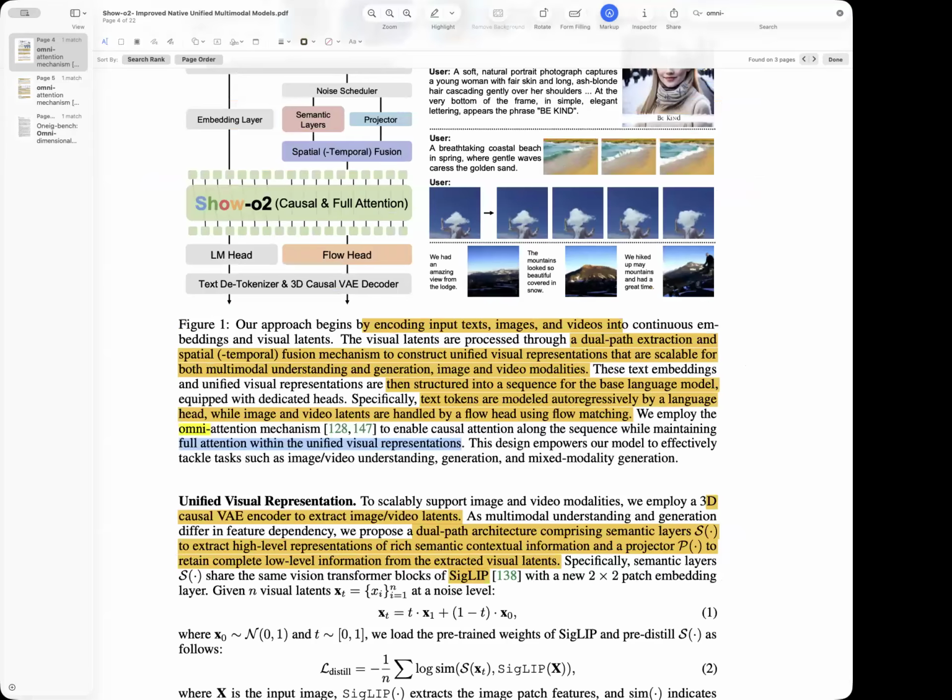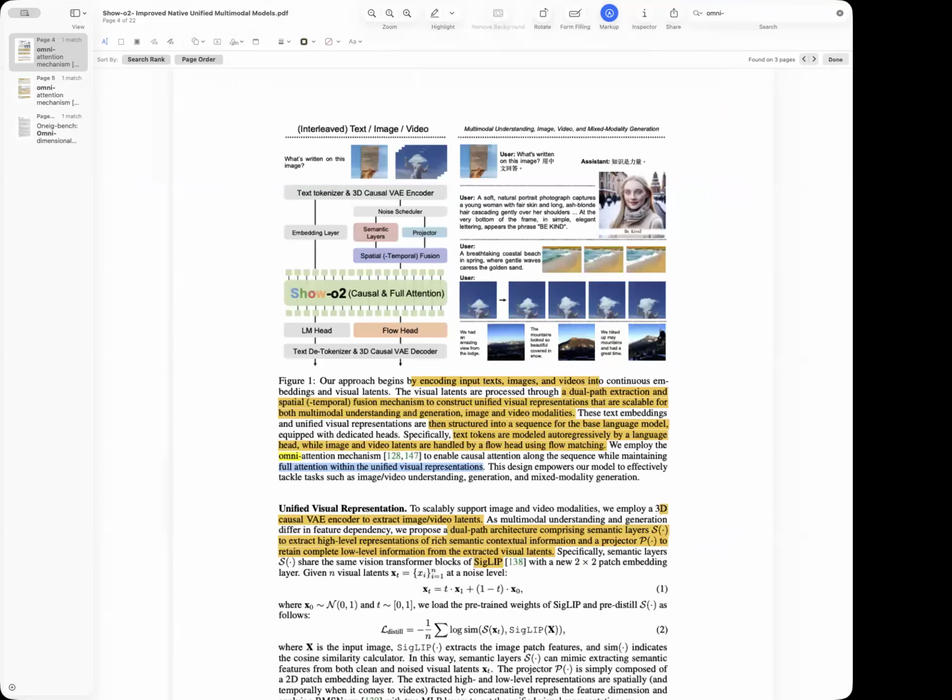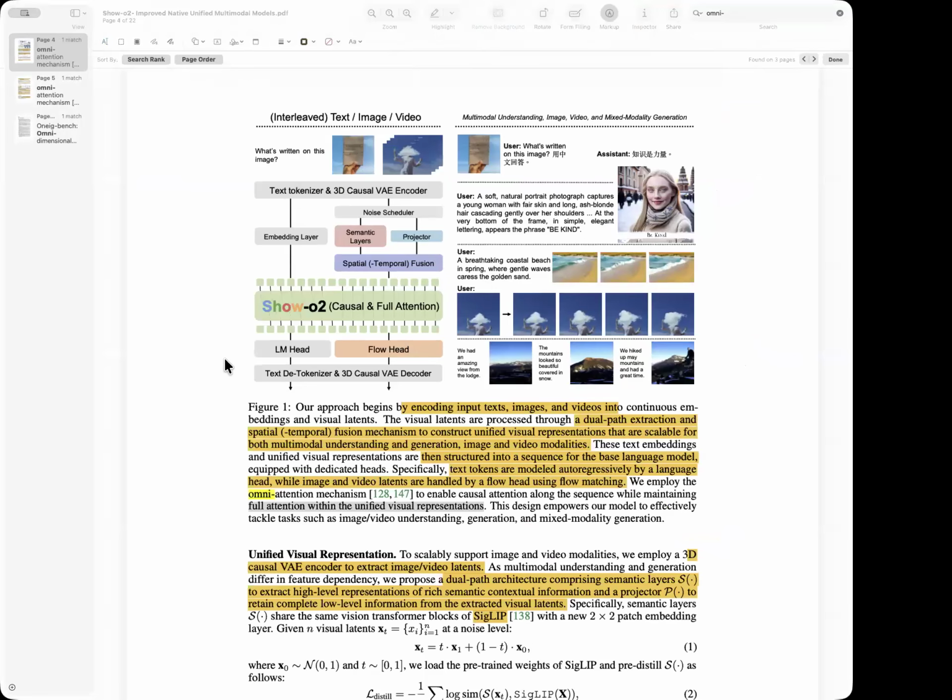I read the Omni-Attention work a while ago. That was one of their breakthroughs: you just keep vision with full attention, and that works. I don't know if anyone has anything else to add on Omni-Attention before we talk about the other thing. Okay, I hope that's enough for Omni-Attention.